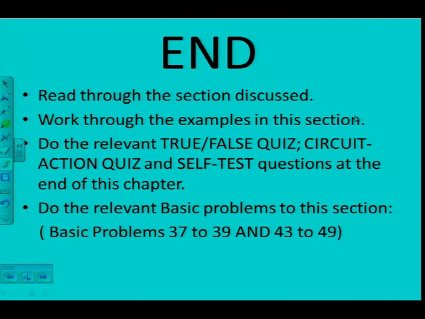If you go and look at the basic problems there, you will see that the troubleshooting problems, as I said, start at 37 up to 39. Then it's application activity problems. Then from 43 onwards up to 49 are called data sheet problems. These are very important. So make sure that you understand how to use the data sheet.